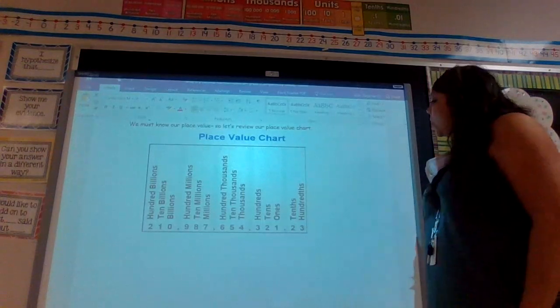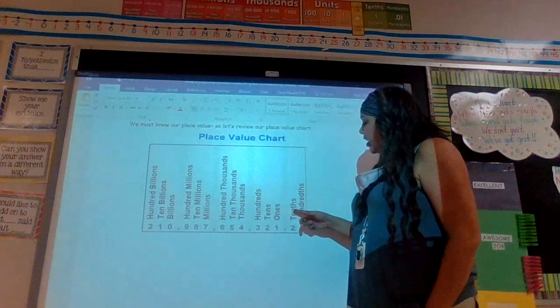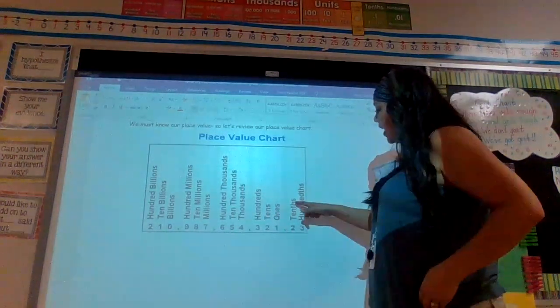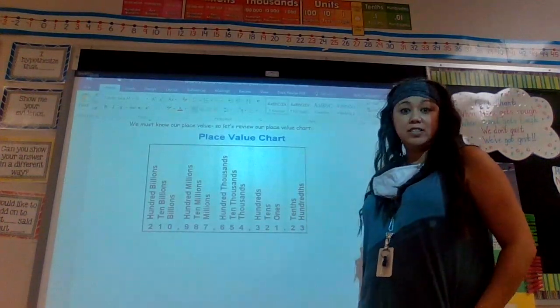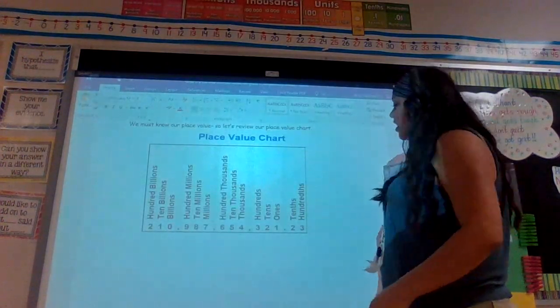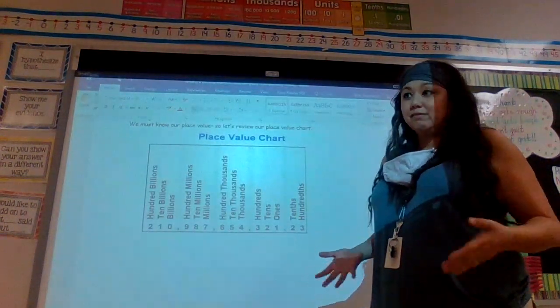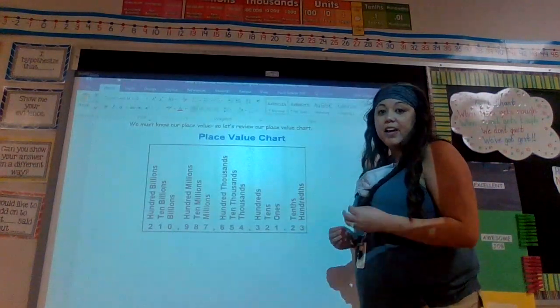Okay, well, hopefully you notice that the only difference, besides the ones being here, is that it almost looks like you could fold it in half, except the decimal place has the THS at the end. And that's right. There is no such thing as a once, but we do have a tenths, okay?